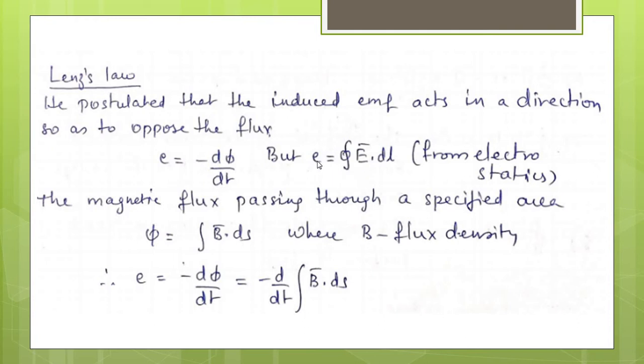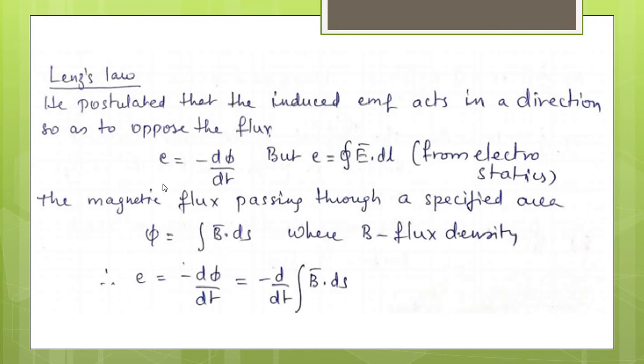This V is the same as the EMF, so to make both of these terms the same, we'll put E here in place of the electric potential. The magnetic flux which is passing through a specific area, we can write as phi is equal to integral of B dot ds. This is a surface integral. Here B is the flux density.